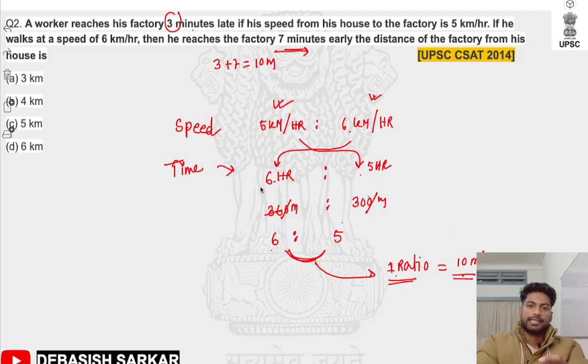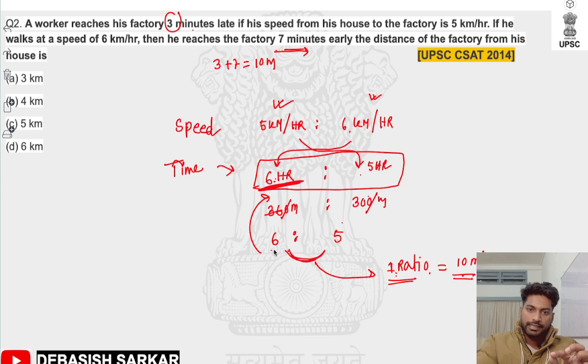Now check here. This was our actual ratio 6. So it means he is taking 6 hours. Sorry, not 6 hours. 1 ratio means 10 minutes. Not this ratio, we just converted hours into minutes. So 1 ratio means 10 minutes.